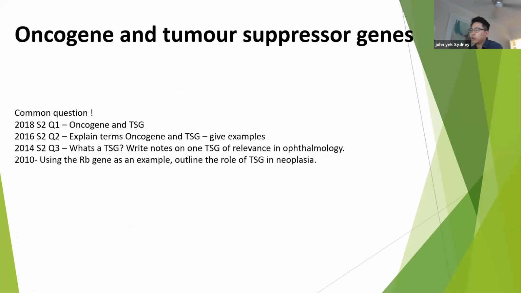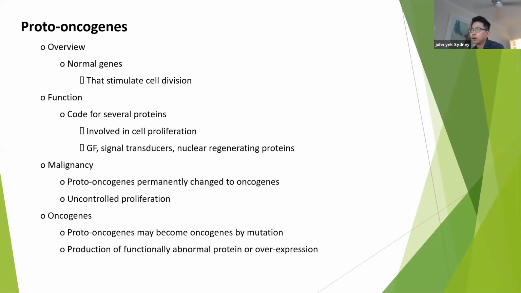And I think an example to know well, and one which recurs as well, is retinoblastoma, which I think Chris covered just now. But essentially, the questions are very similar, and I've given an example of how to answer them. So essentially, oncogenes are normal genes that stimulate cell division.